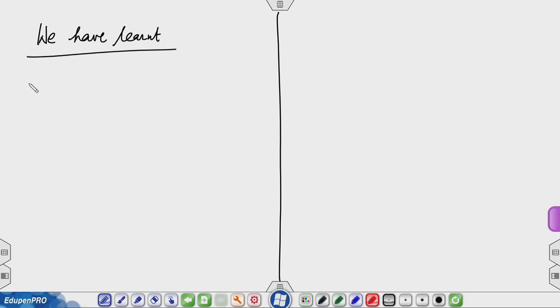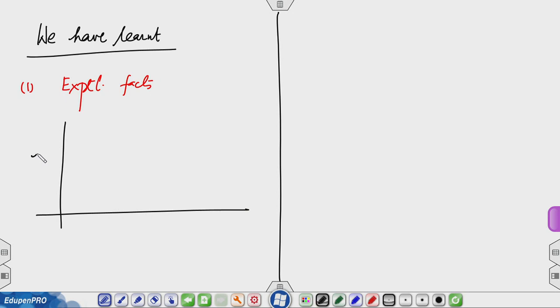Number 1, experimental fact. If you plot the Hall resistivity, which is the same as Hall resistance, versus the applied field, it shows plateaus.